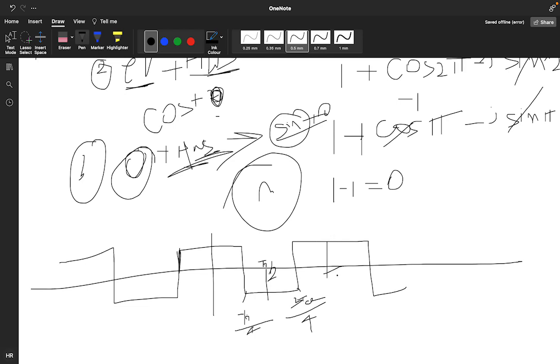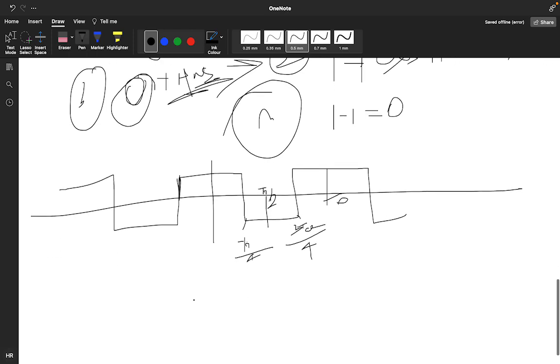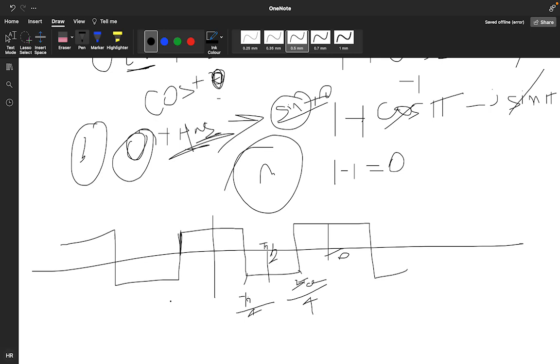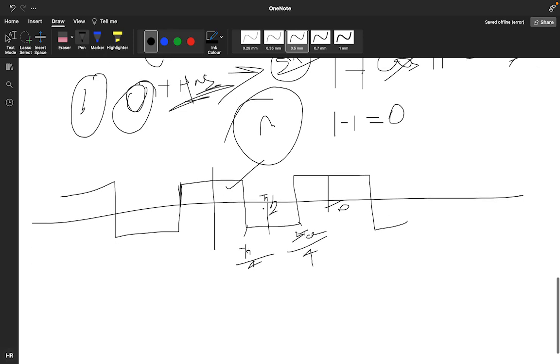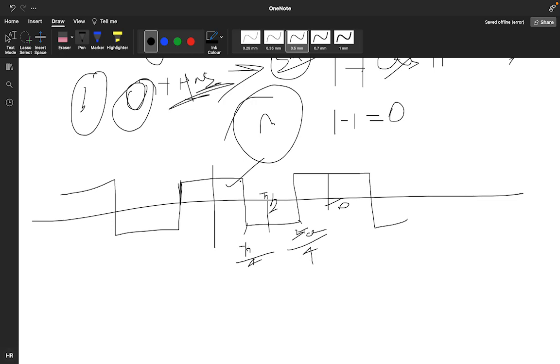If you want to check the half wave symmetry, you have to check x of t plus T naught by 2, and taking the reverse, you will get the same signal. If you are getting the same signal, that means the signal is half wave symmetric.